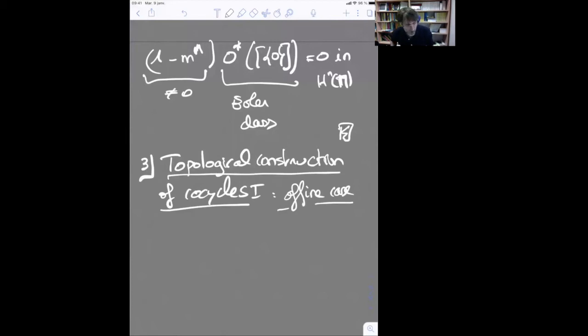So again, let me repeat that there are two cases where the Euler class can be shown to vanish.